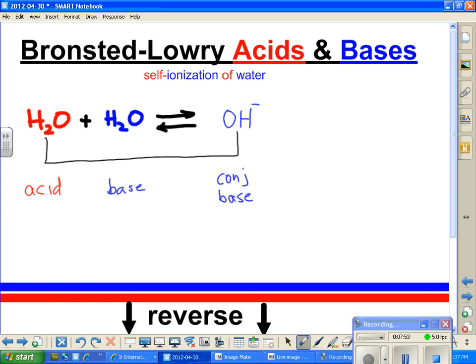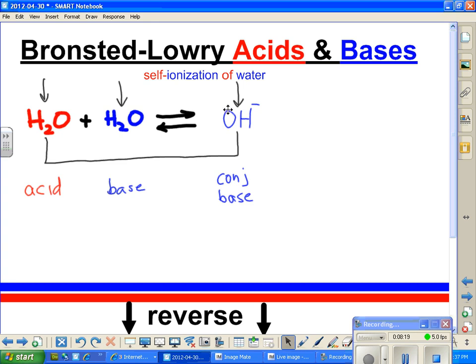And you'll notice, if we go back to the acid over here, this is our acid, this is our base, and now this is the conjugate base. So the red water on the left becomes the blue hydroxide on the right, because it lost a proton.